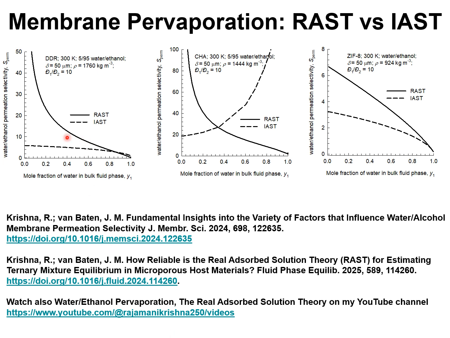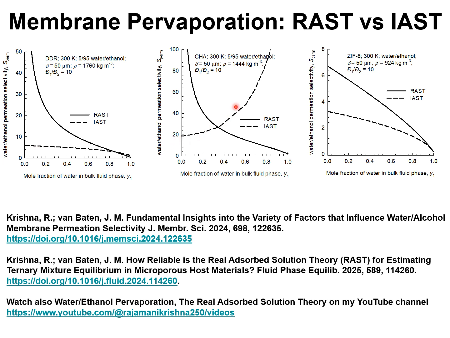The water-ethanol permeation selectivity calculations are shown here for DDR, where the permeation selectivity calculated using the RAST model, taking due account of thermodynamic non-idealities, is shown by the continuous solid line, and the dashed lines are the corresponding IAST model calculations. And we note that the permeation selectivity in favor of water is about a factor 5 higher when the RAST is used to model the water-ethanol membrane pervaporation.